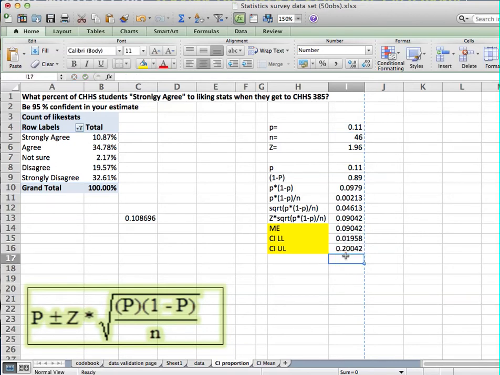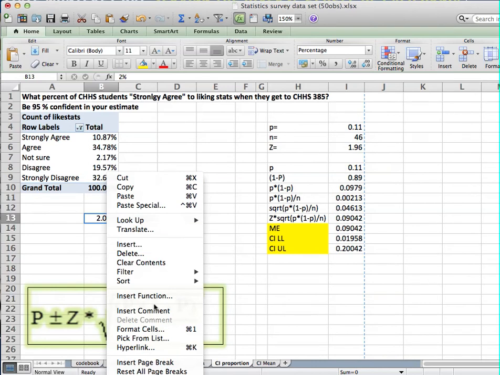And that is our confidence interval. This was our proportion. The lower level is 0.02. The upper level is 0.20. Right?